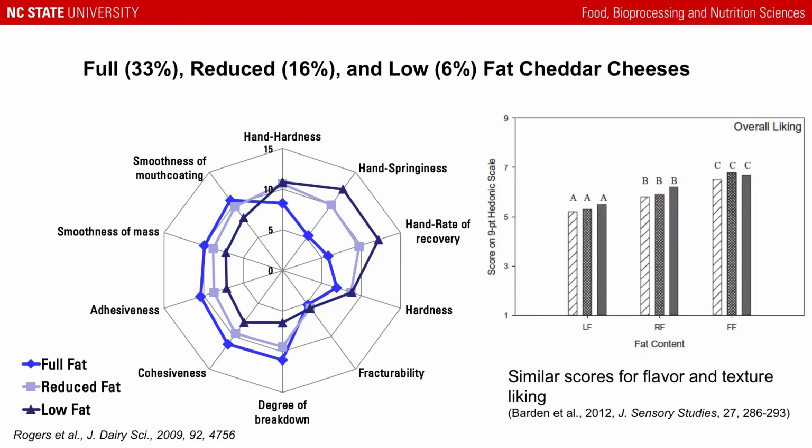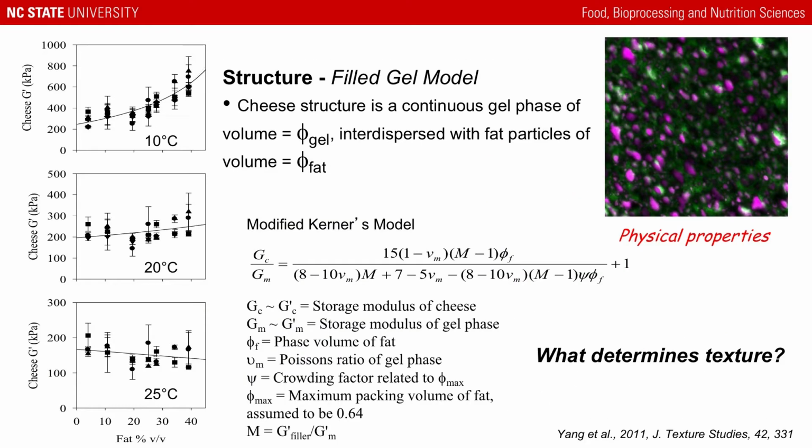Okay, so can we explain these structural effects? The first thing is just to basically model the structure, and we have models out there for this. This is a basic filled gel model. We say we've got fat particles interdispersed in a continuous gel phase, and we have a volume of each of those in there.